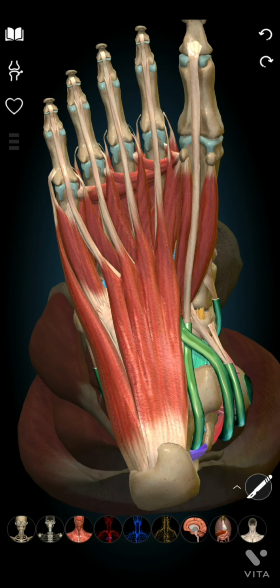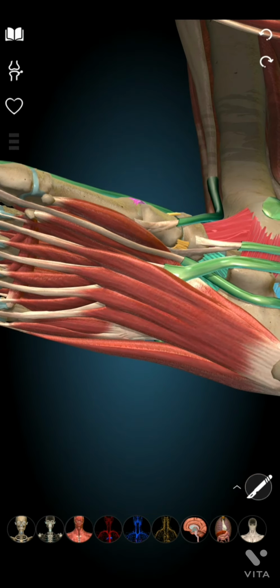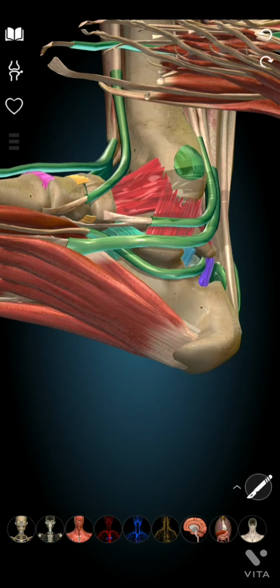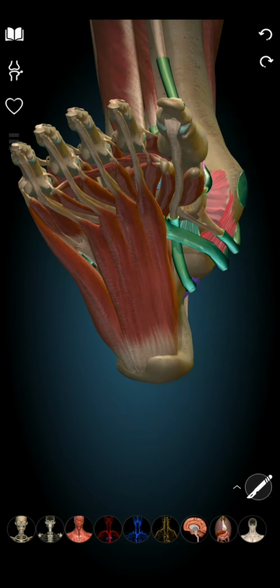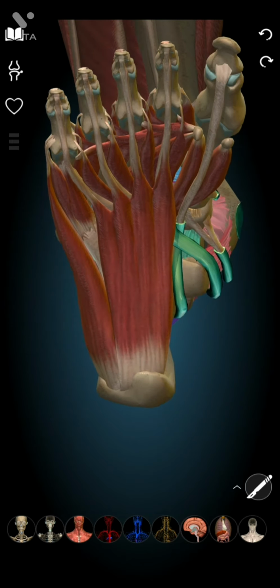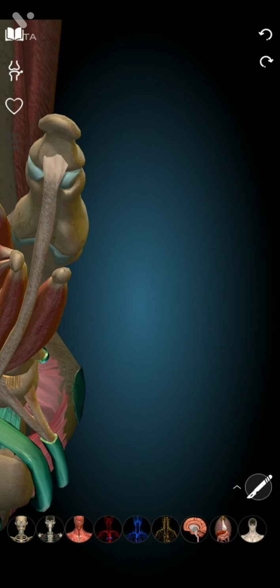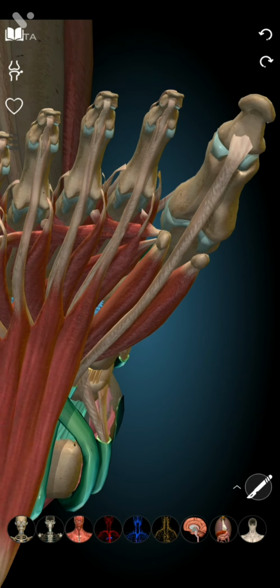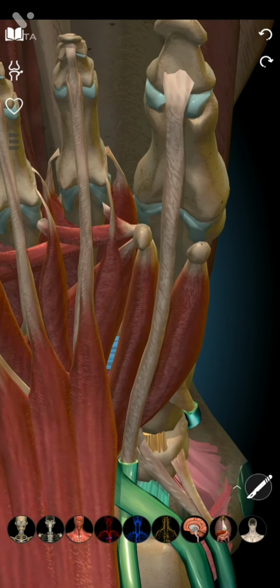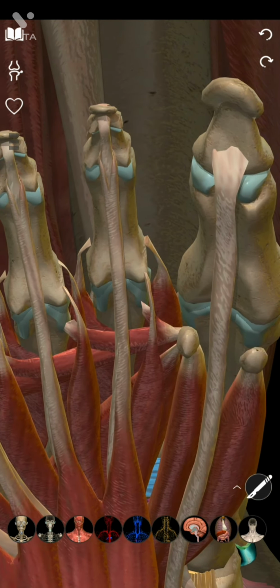Now if you look at the origin, it is again from the calcaneum, from the calcaneal tuberosity. And it's going to insert. Initially you might get confused and think it inserts into the first phalanx.